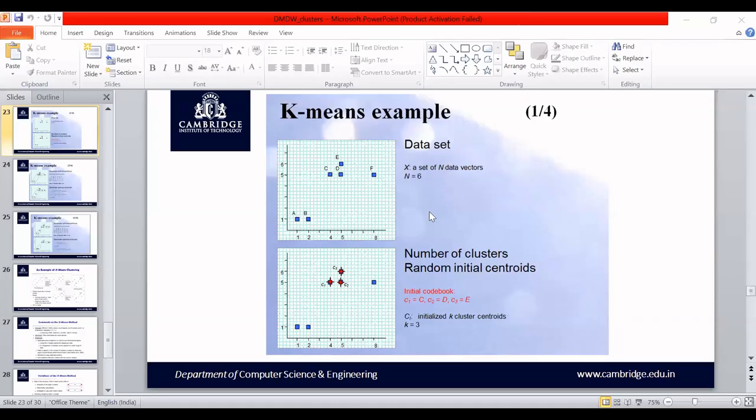So the value of k is 3. Now apply the algorithm and try to solve this. Here I have assumed data point C as C1, data point D as C2, and data point E as C3. Now I want to classify the remaining points into one of these clusters.